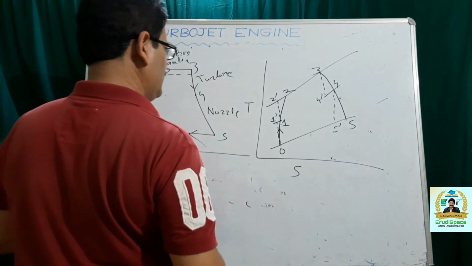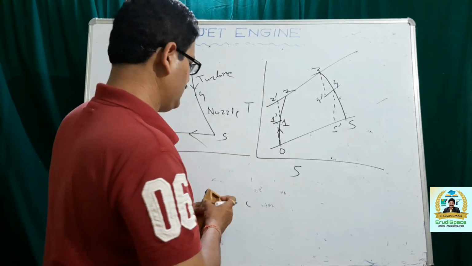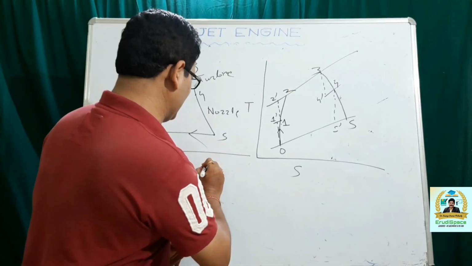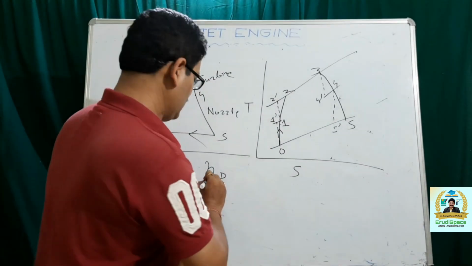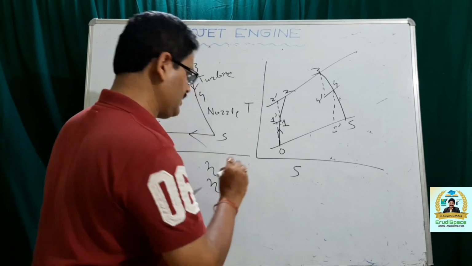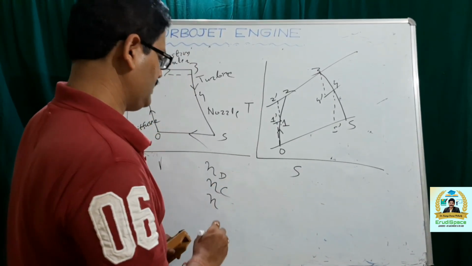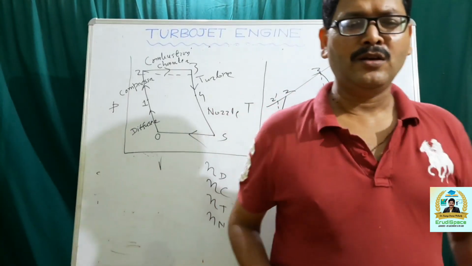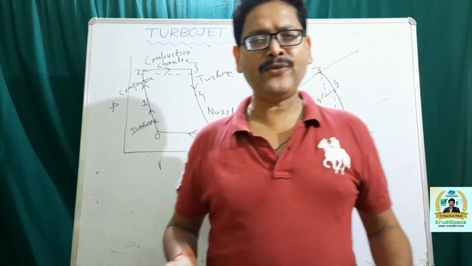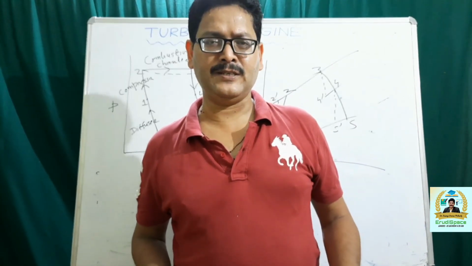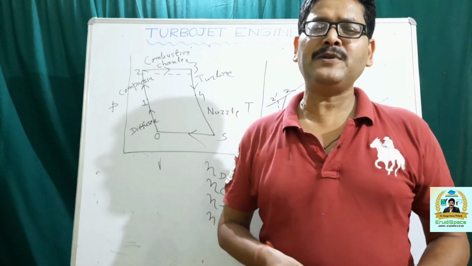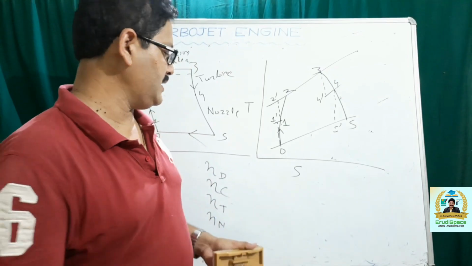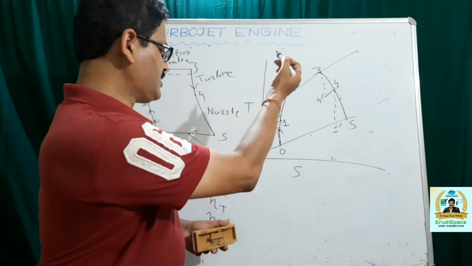Now, another important thing that you need to know, that you can have efficiencies of different components, like efficiency of diffuser, efficiency of the compression, efficiency of the turbine, and efficiency of the nozzle. While discussing the effect of irreversibilities on gas turbine cycle, I have discussed in detail about the isentropic efficiencies of the compression and the turbine.